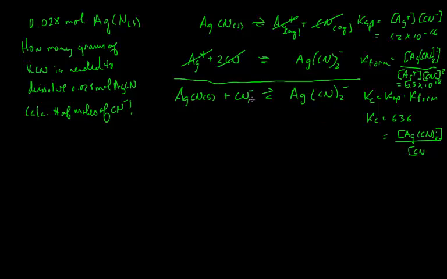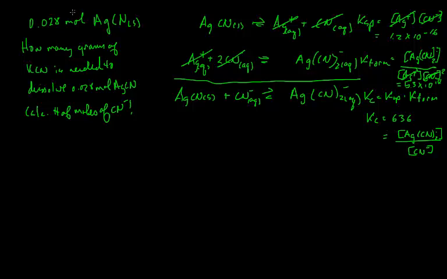This is aqueous, and all of this is aqueous up here. And that's my Kc value. And you could see that too if I multiplied just these two equations together. The silver would cancel out, cyanide would cancel out. You'd be left with this equation down here.